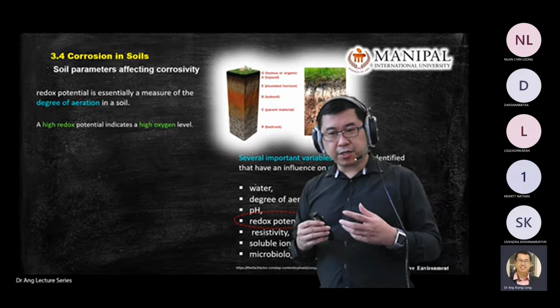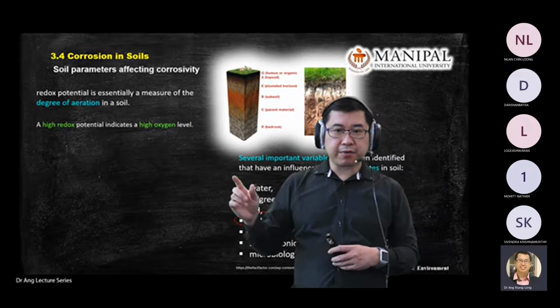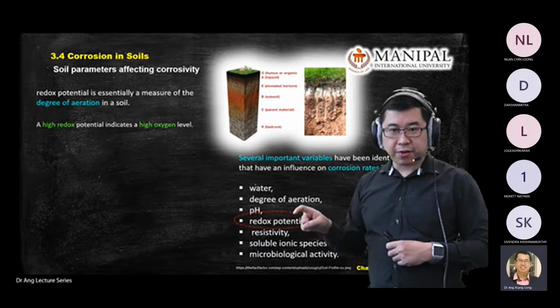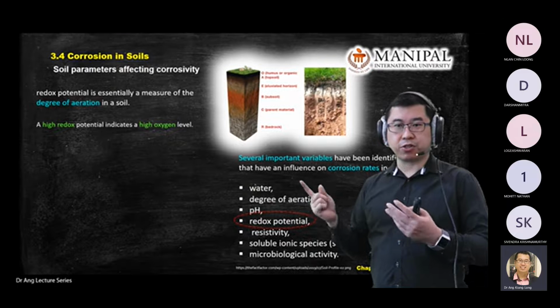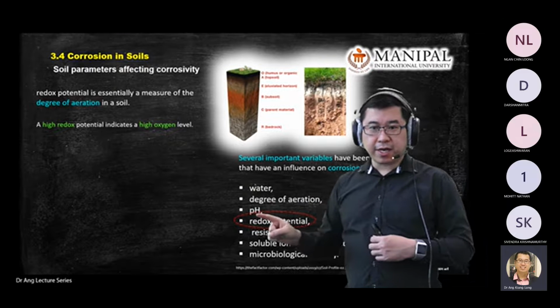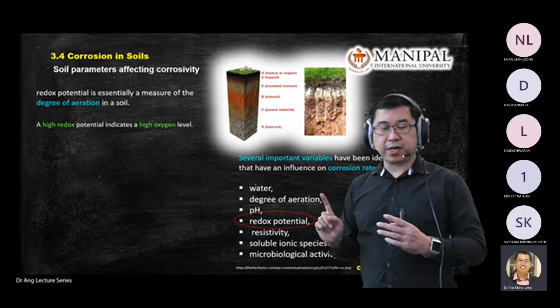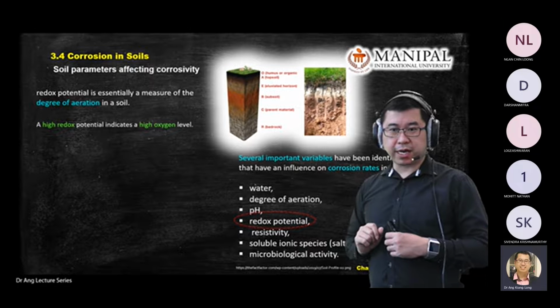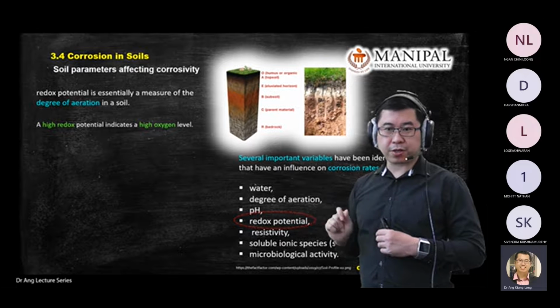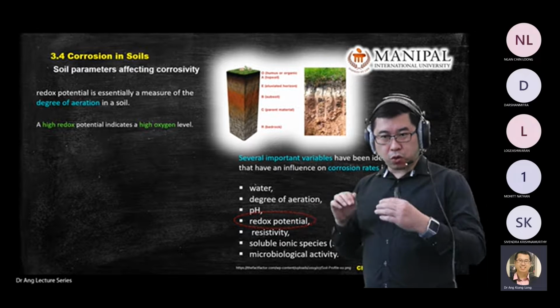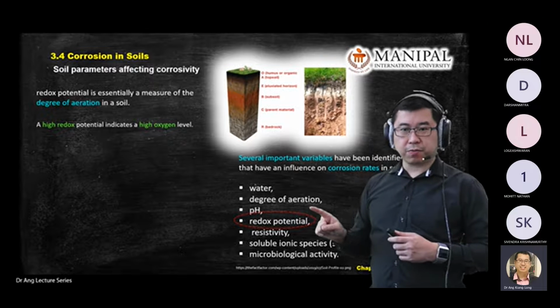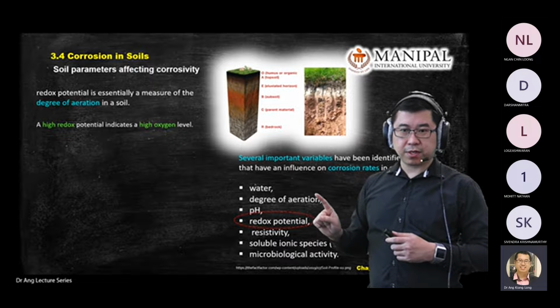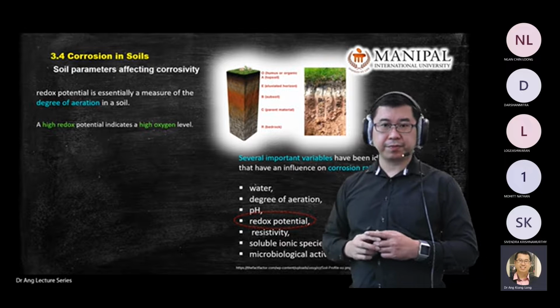What happens if you have high redox? High redox potential means you have a high oxygen level. If you have low redox potential, you have low oxygen concentration. So basically, redox potential is linked with aeration.